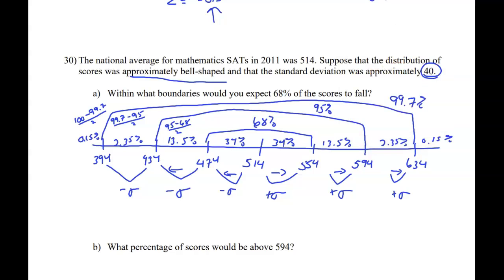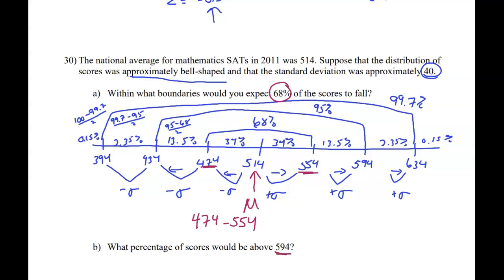Anytime you see that approximately normal, you want to draw this particular chart with these percentages. Always start with your mean in the center and then add standard deviation and subtract standard deviation. Now 68% is going to be between 474 and 554, because that's this 1 standard deviation here.